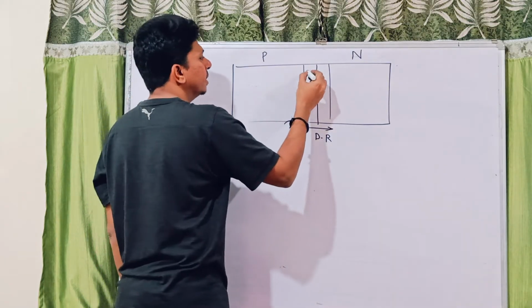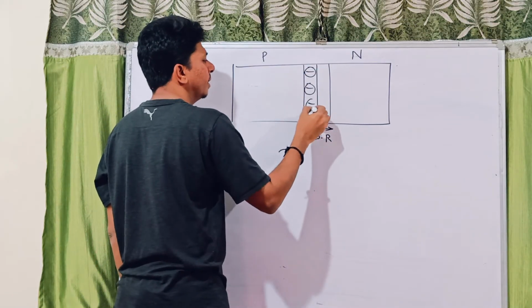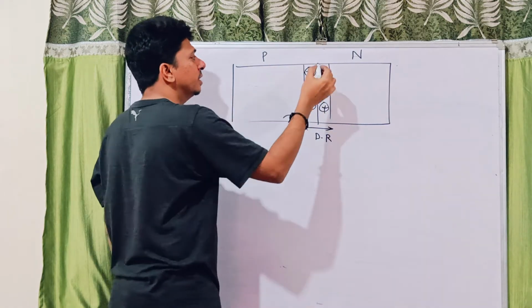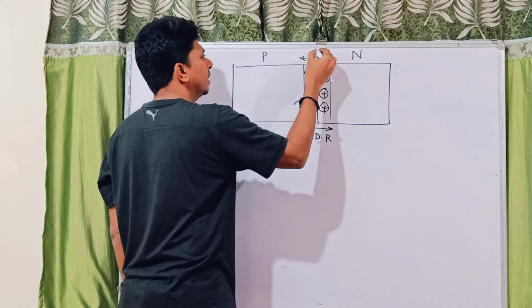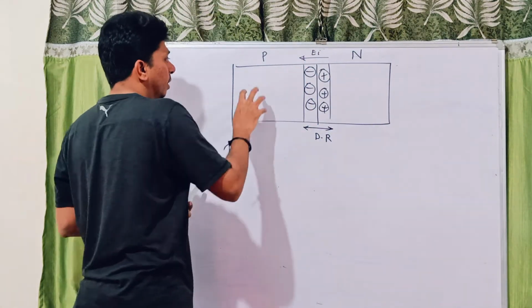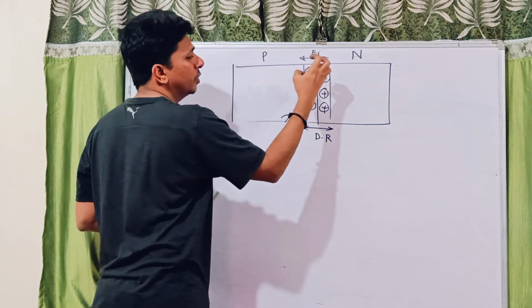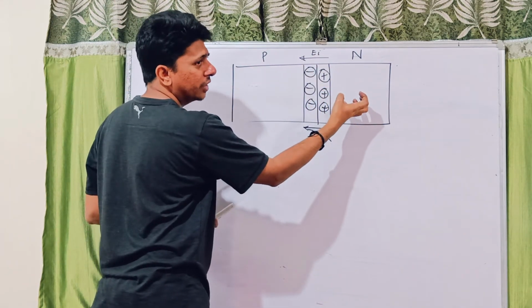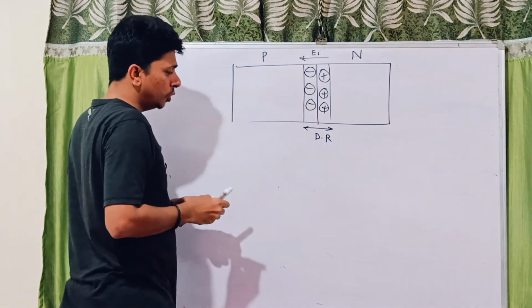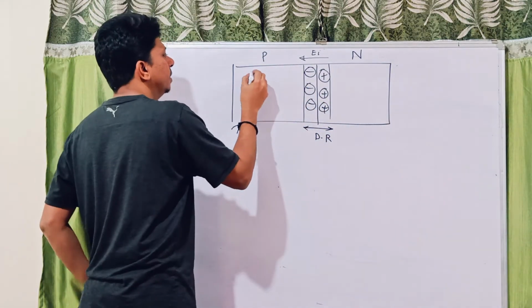Now what does this region contain? This will contain negative ions and this will contain positive ions, and because of these ions there will be development of one internal electric field EI. This EI will not allow these holes to come to this side to make a deal with the electrons, and neither will the electrons from this side be allowed to make a deal, and this will be the situation.